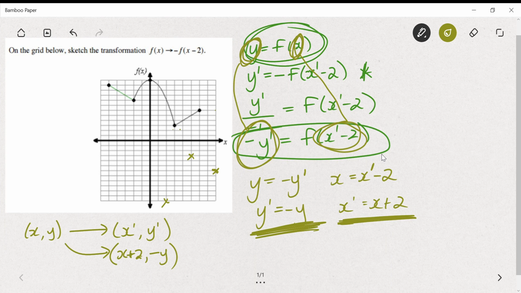So that was at 1, 2, 3, 4, 5, 6, 7, 8 high. So we go down 8, 1, 2, 3, 4, 5, 6, 7, 8. So we end up there. And this point over here, we go across 2 and then we reflect that. So it'll be right here.